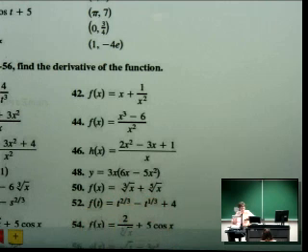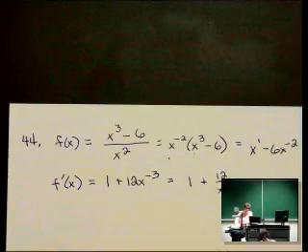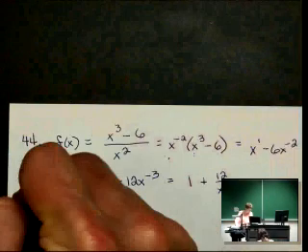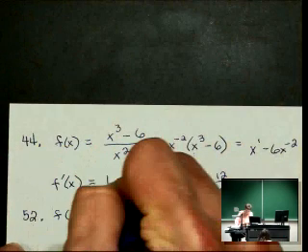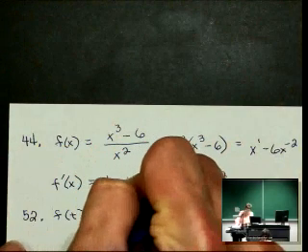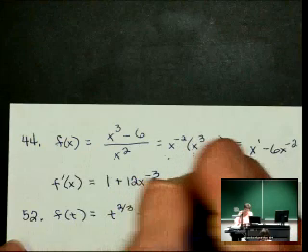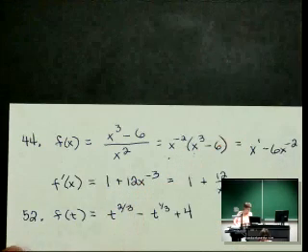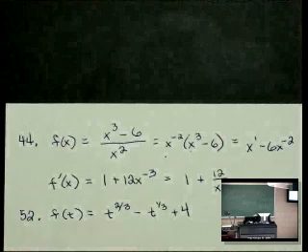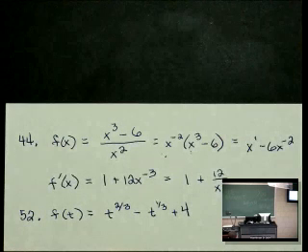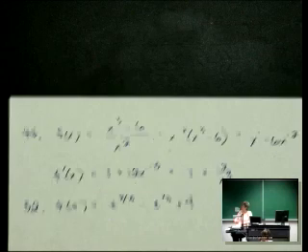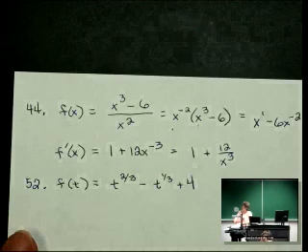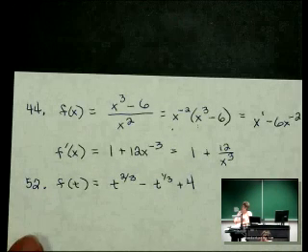Let's do 52. Do I need to rewrite that in any way, or am I ready to use the power rule?